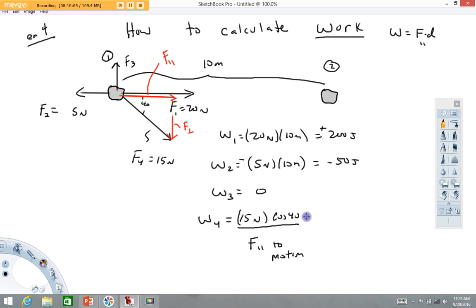And we'll just multiply that by the 10 meters. And I'm going to get a calculator and get a number for that in a minute. But the one thing I point out is that that work term is in fact positive because that component points to the right and the displacement is to the right. And what we get out of that is 115 joules positive.